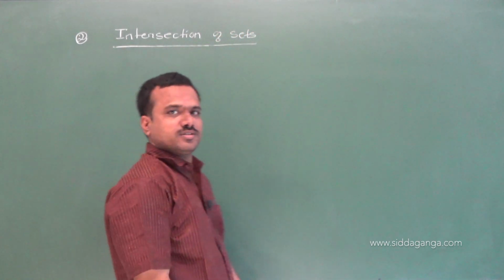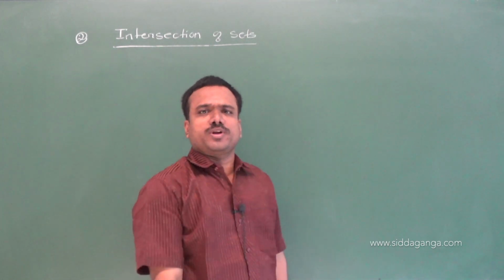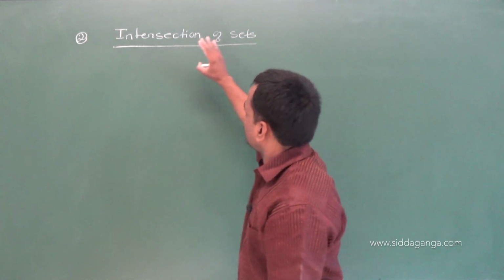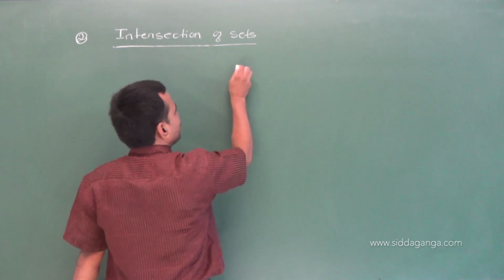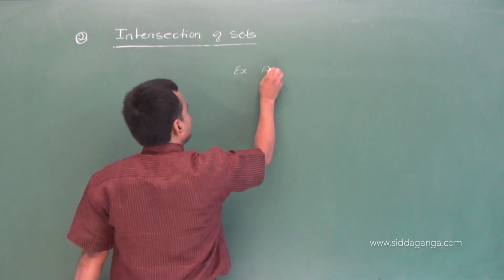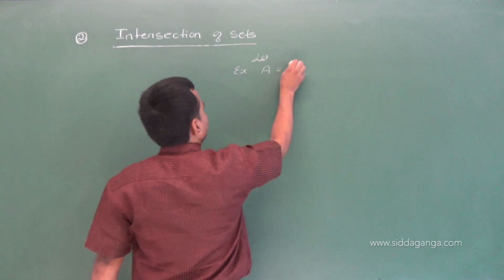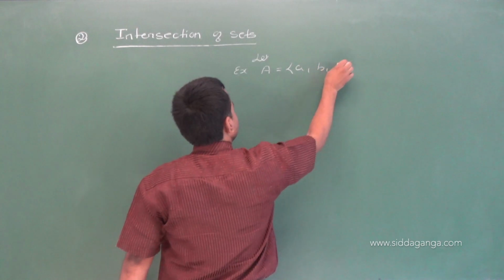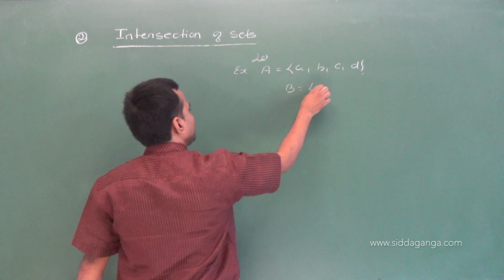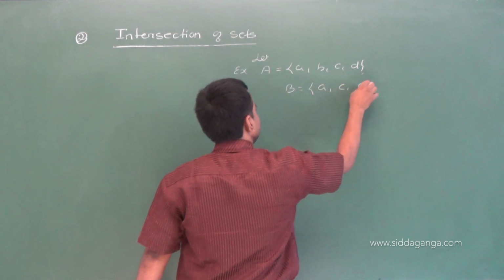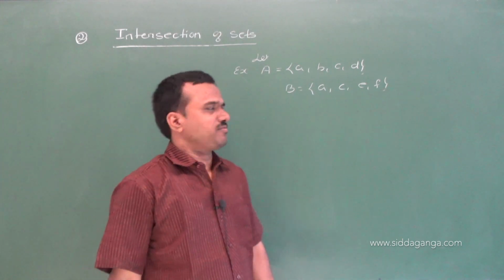Very important. Union is over. Second operation, what? Intersection of two sets. We explain by using an example. Let A is equal to {A, B, C, D}, B is equal to {A, C, E, F}.